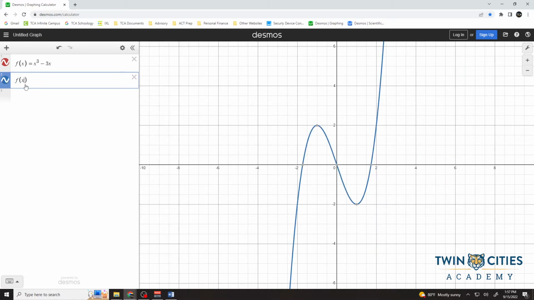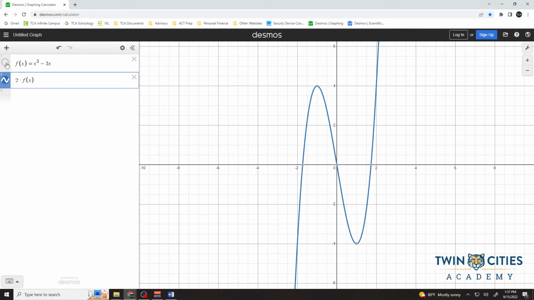Let's do some stretching and compressing. If I multiply on the outside here, 2 times f of x, let's see what happens. Hide the original and let's bring it back in. This point was at negative 1, 2. I'm stretching this vertically by a factor of 2, which means that all of these heights are doubled.